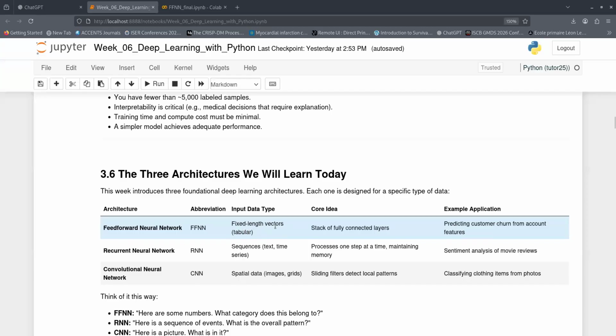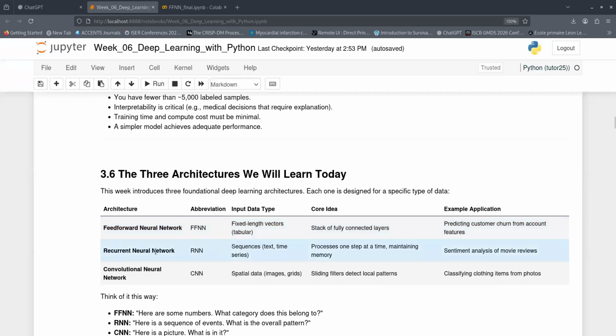The core idea is a stack of fully connected layers, so you have many layers which are fully connected. An example application is predicting customer churn from account features, a finance or bank application, where you can apply this feed-forward neural network.